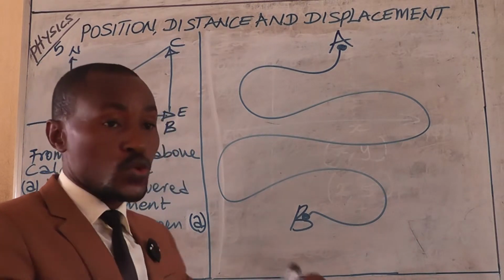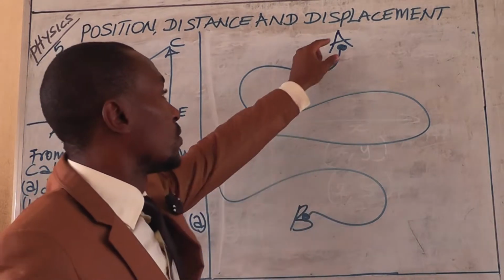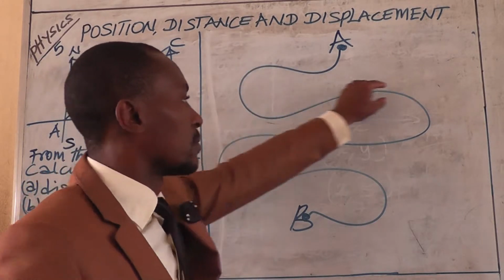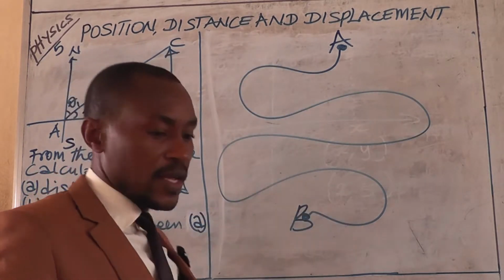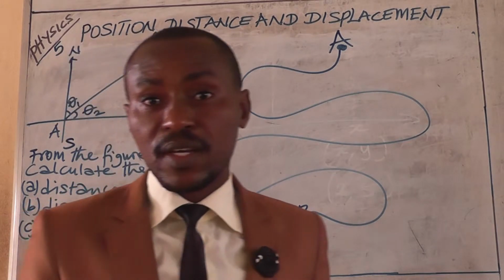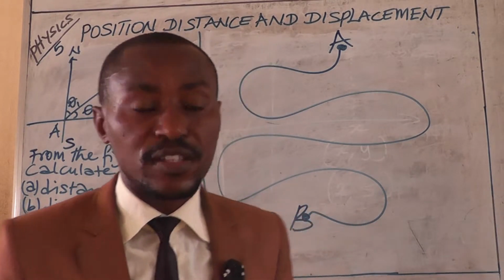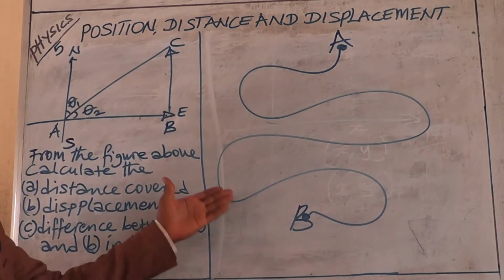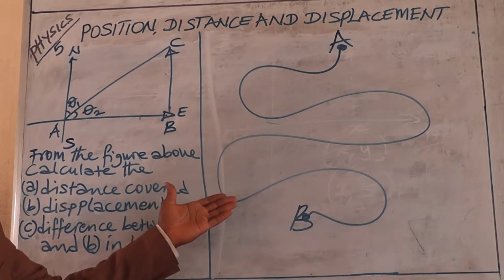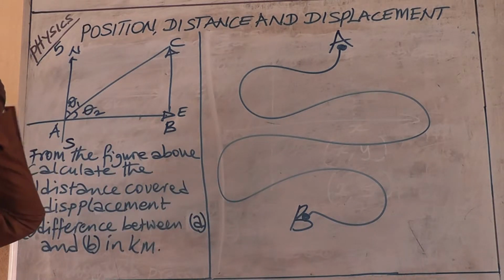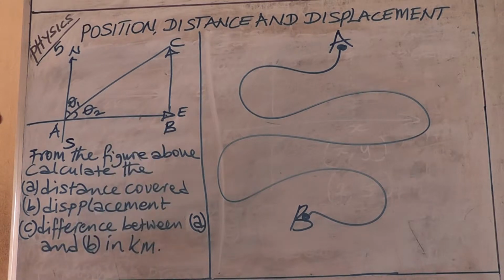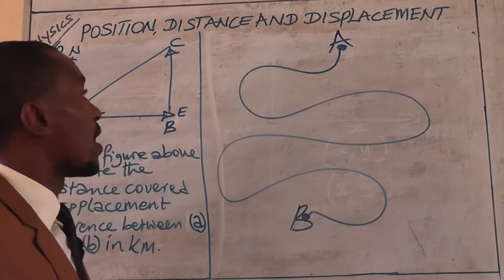It is simple to use a long thread, follow this path, and at the end use a meter rule to do your measurement. The result you have, you call it distance. Now, we'll have the last term there, which is displacement.